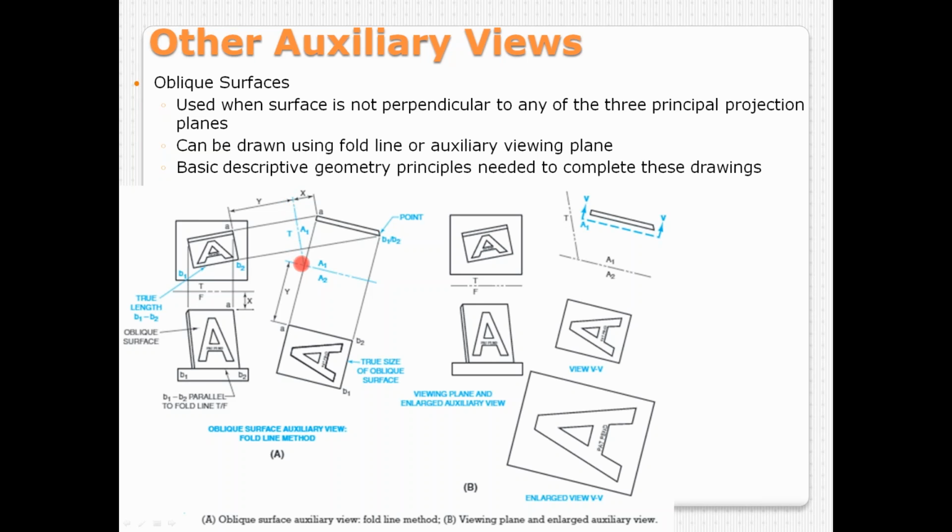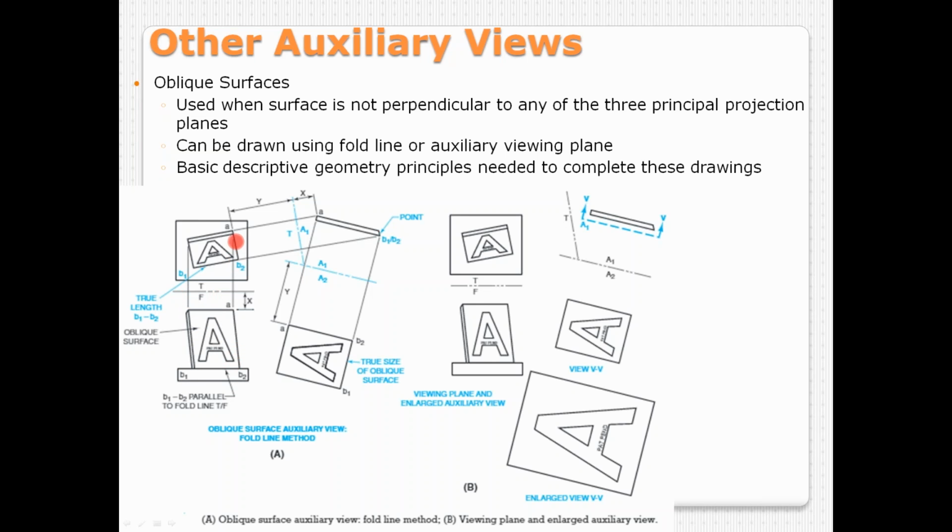These are the same exact things we have discussed earlier. With all these fold lines here, from this true length B to B1 to B2, you can project them onto your opposite surface, and B1, B2 are parallel to the fold line. Your B1, B2 are always parallel to the fold line.